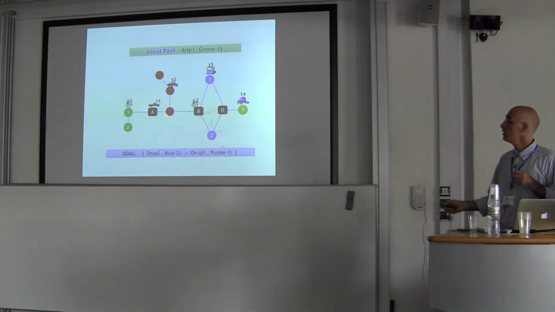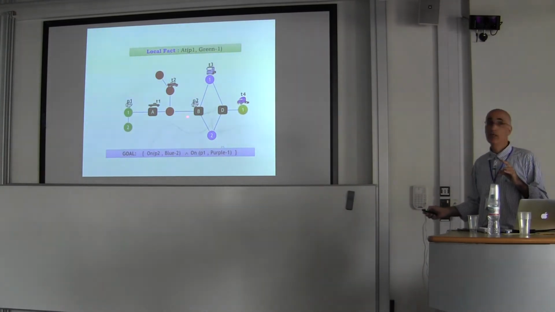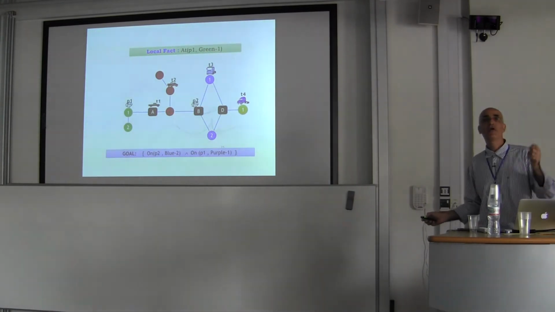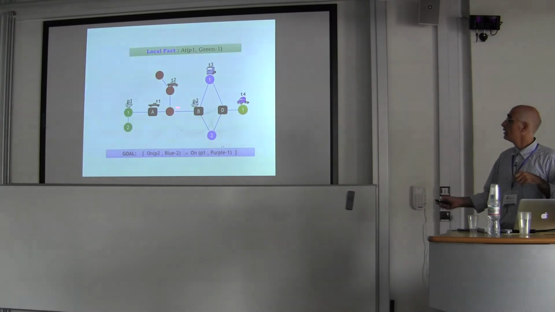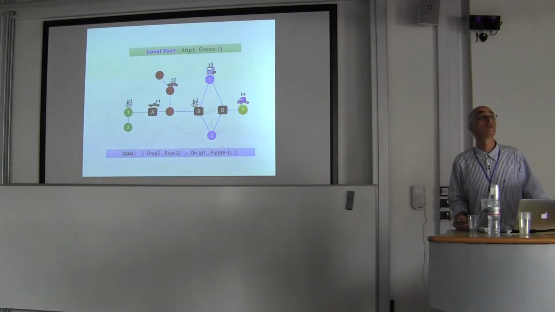This is why it would still be a local fact. But the package being here will no longer be a local fact because there are two agents that have actions that involve the location of this package. If agent T1 can reach here and agent T2 can reach here, both of them can either load or unload this package in this position, and therefore at package 1, red 1 becomes a global fact. Questions?